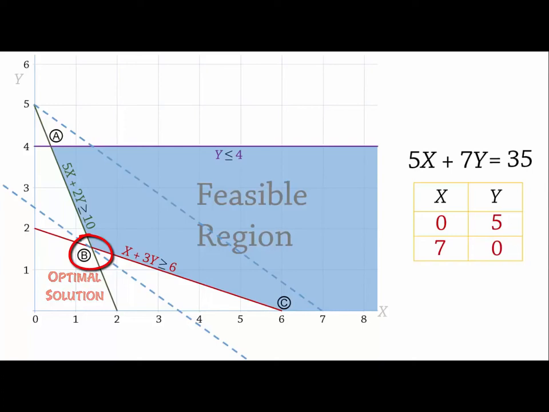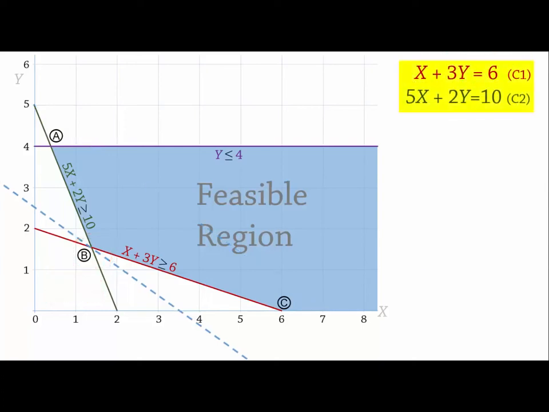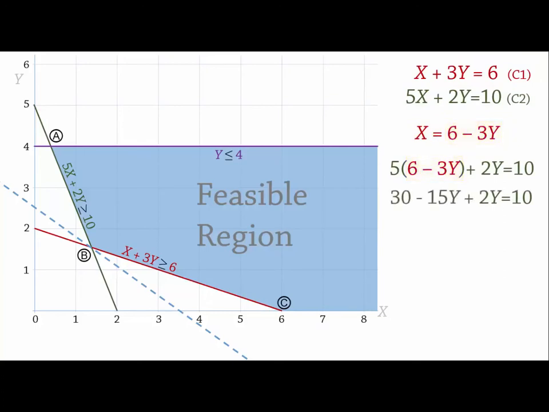Let's use the substitution method. And that simplifies to 30 minus 15y plus 2y equals 10, which gives negative 13y equals negative 20.